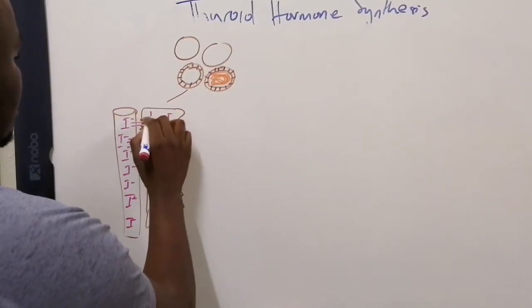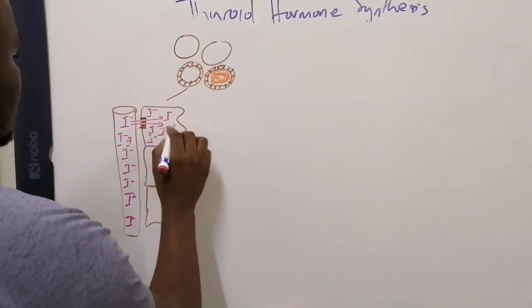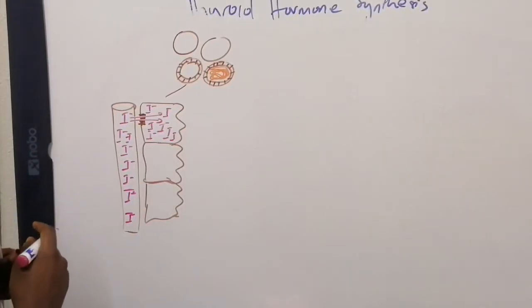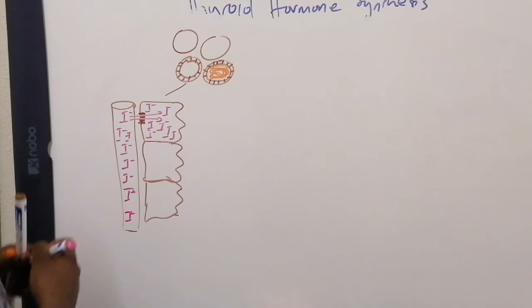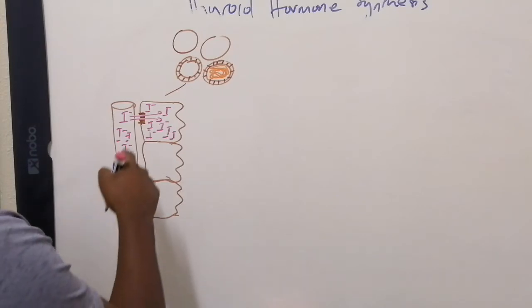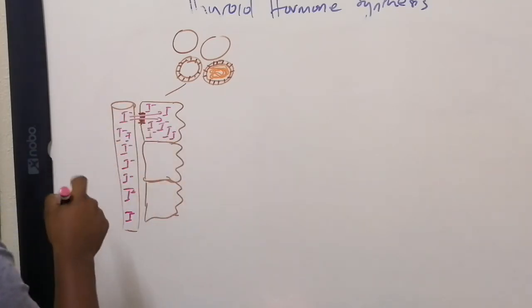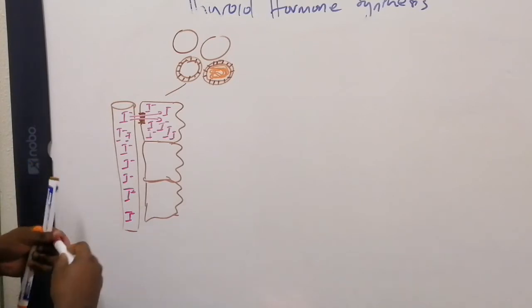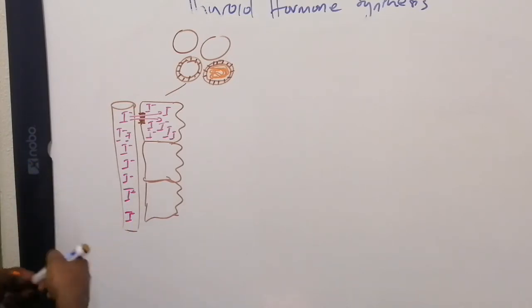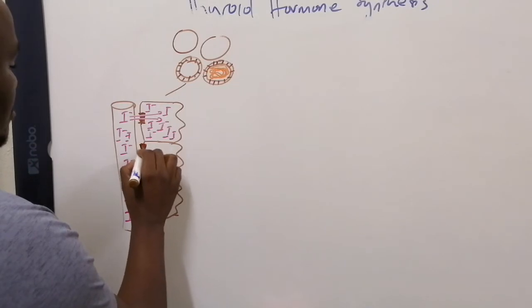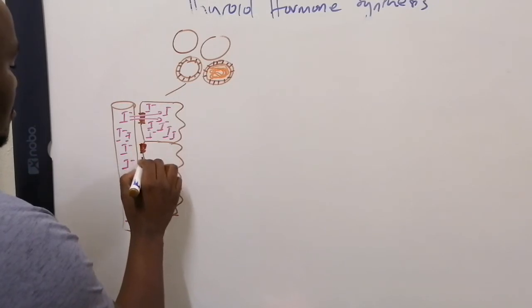And we did say that this involves ATP because it's moving the iodide ions against their concentration gradient. And we did say that TSH plays a huge role in the upregulation of these sodium iodide symporter membranes, right?